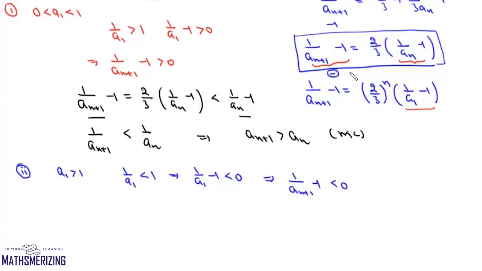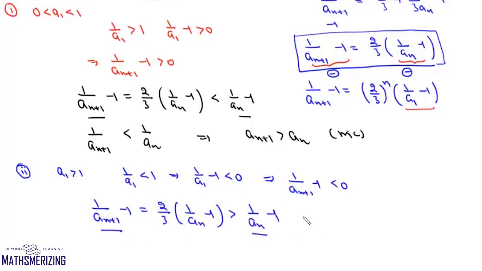Now for this case, both these expressions will be negative. So we are given that 1/(a_{n+1}) - 1 will be equal to 2/3 (1/a_n - 1), and will be greater than 1/a_n - 1.